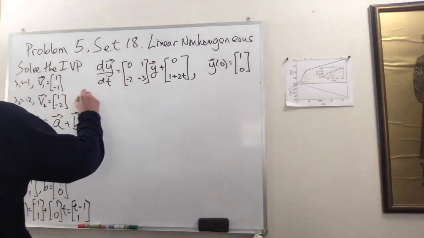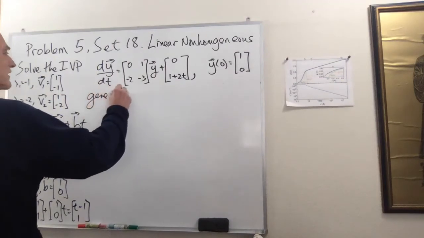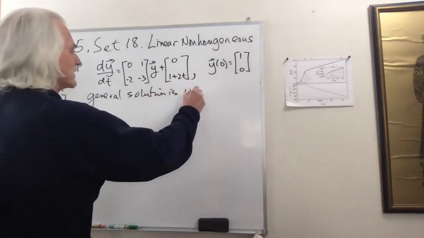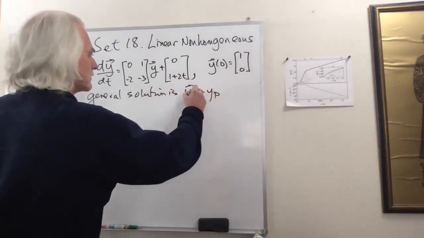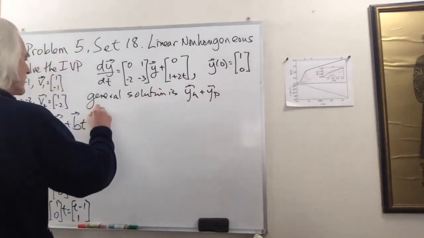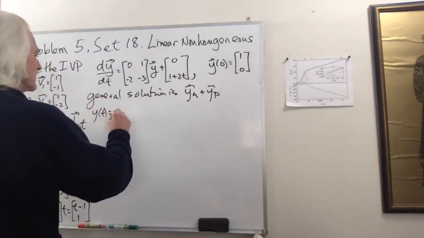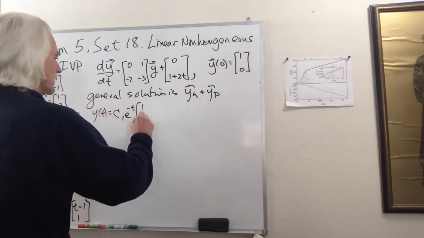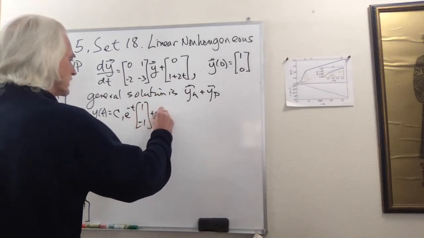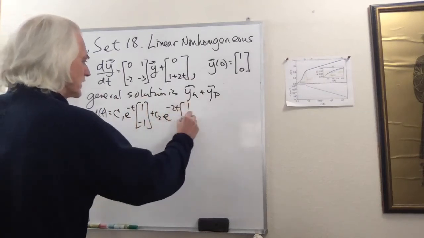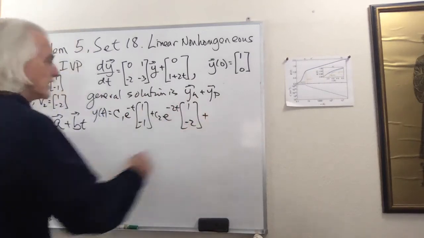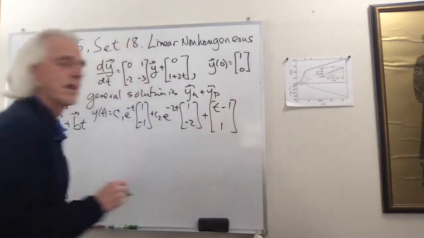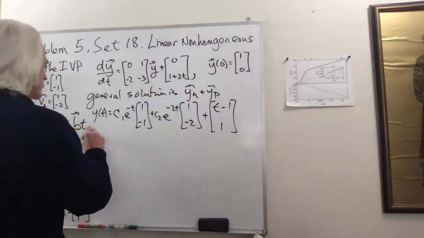All right, so that means the general solution is YH plus YP, which is Y of T is equal to C1 e to the minus T times 1, -1, plus C2 e to the minus 2T, 1, -2, plus T minus 1, 1. Oh, whew, okay.